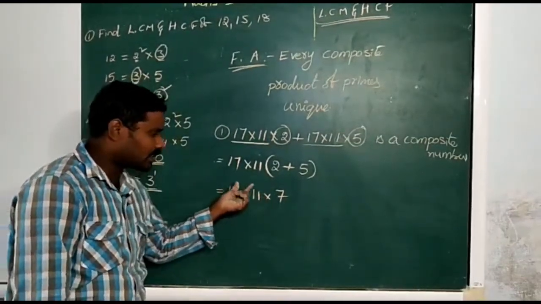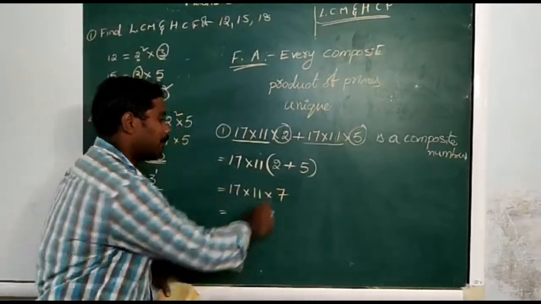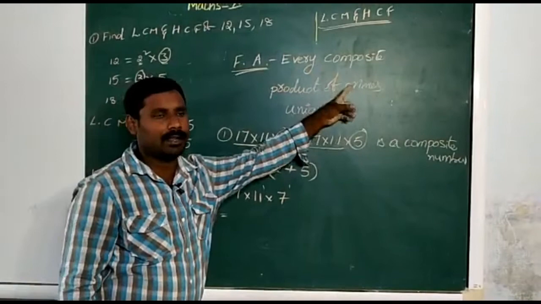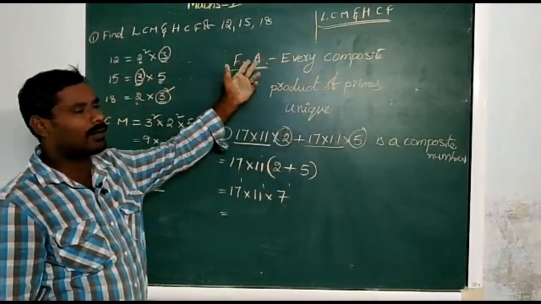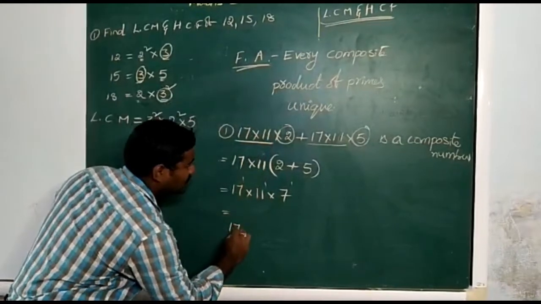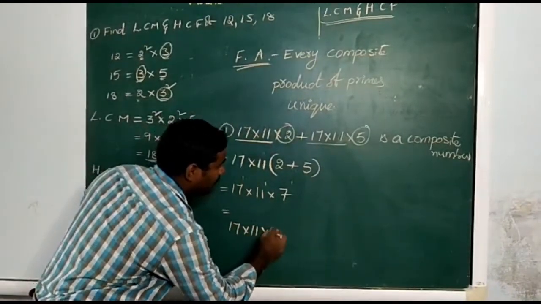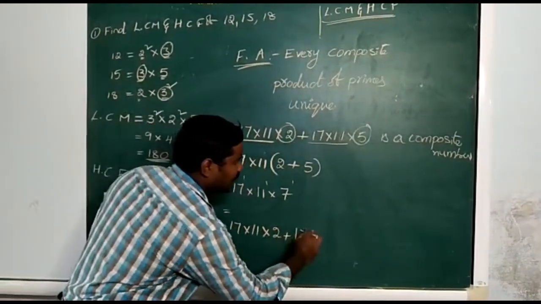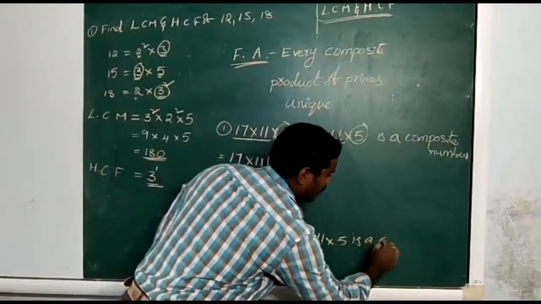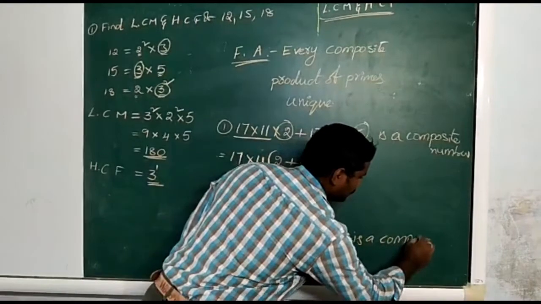A product of powers of primes is called a composite number by the fundamental theorem of arithmetic. So the given number 17 into 11 into 2 plus 17 into 11 into 5 is a composite number.